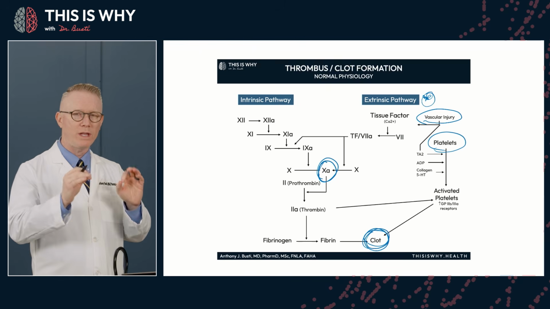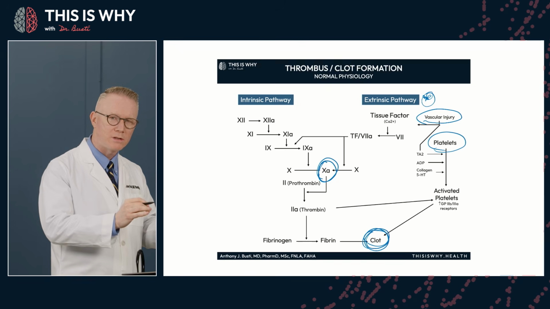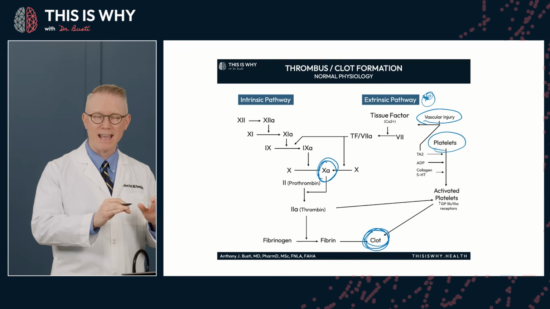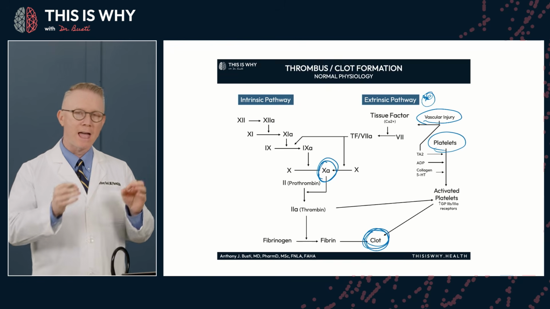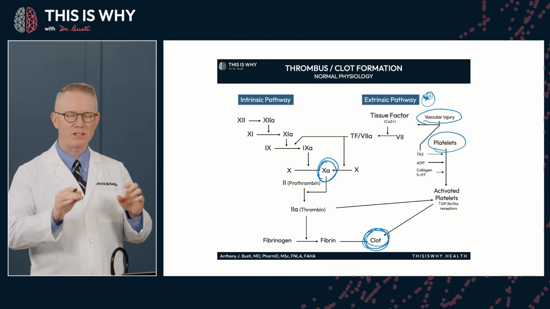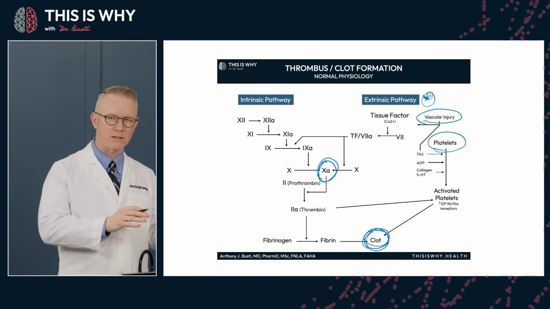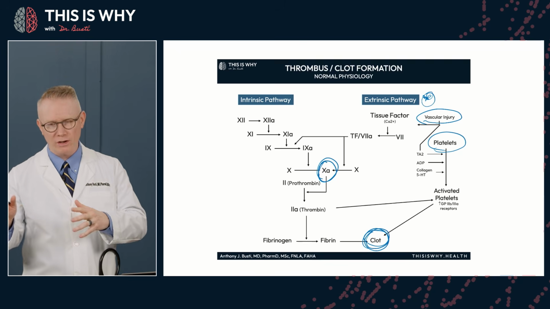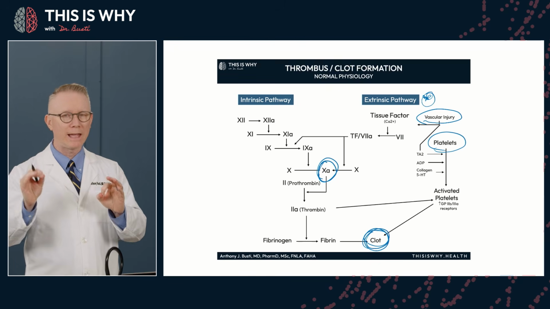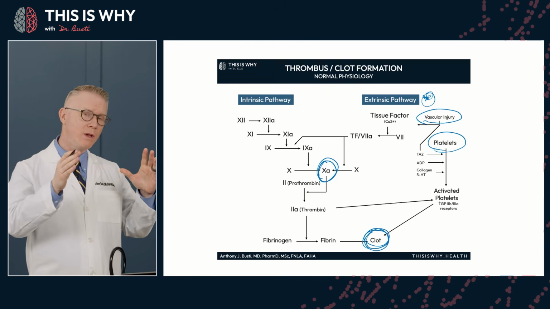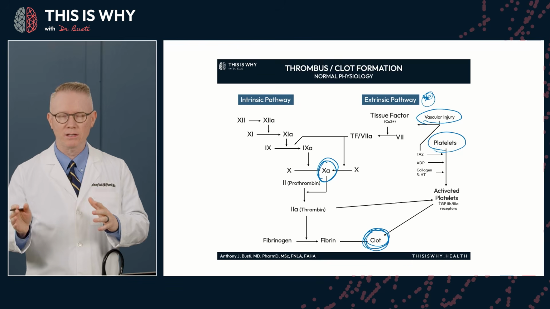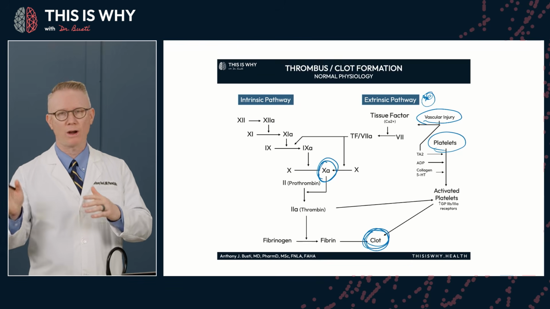So anything that we can use to interrupt the coagulation cascade is going to work a little bit better, more effective at protecting against those venous generated clots. If we have an arterial injury, platelets tend to make up more of that clot. And so antiplatelet drugs make sense more in that scenario.